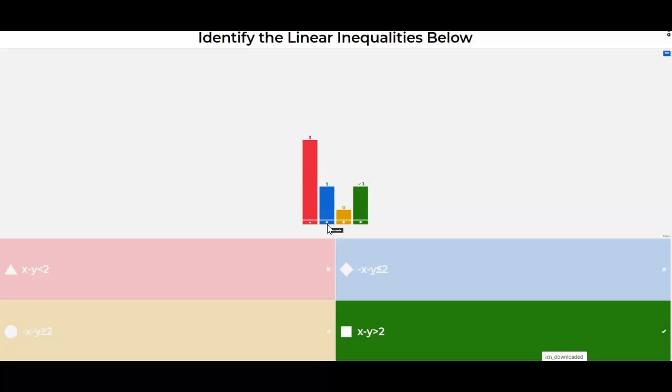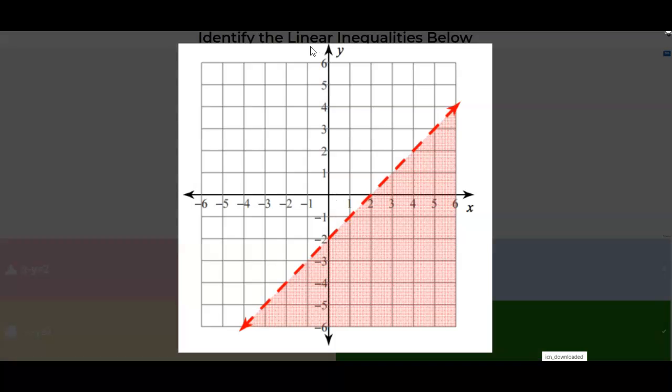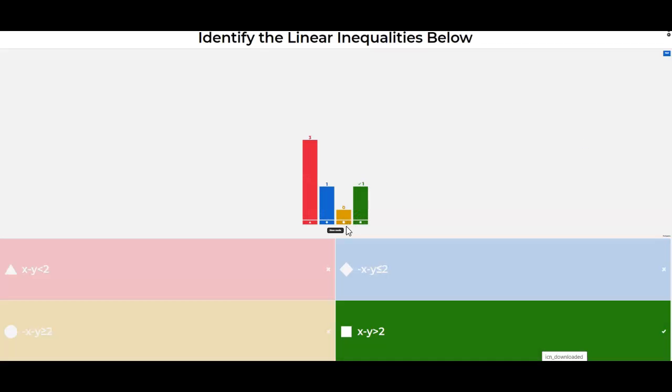Okay. So looking at this graph, the y-intercept was -2, and then our slope was up 1 over 1. The line is dashed. So right away, since the line was dashed, that eliminated the yellow and the blue equations. And that left us with, is it shaded above or below? And you had to really think about the fact that this is going to be backwards from what the answer is.